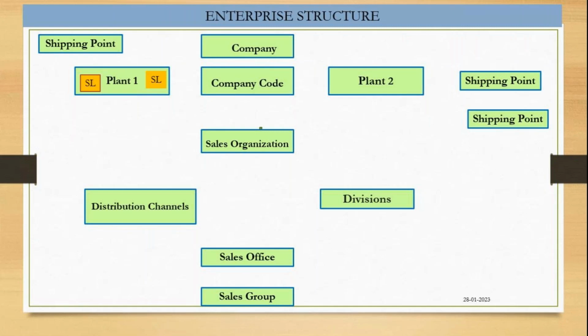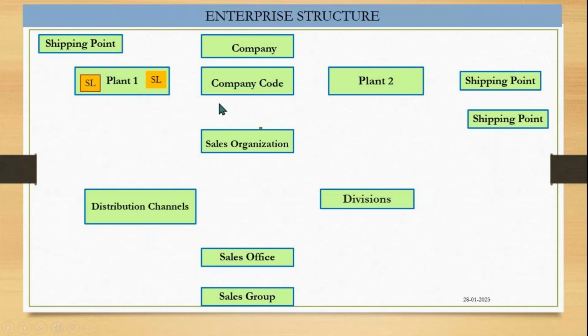But as an SD consultant, we will be doing only 5 organizational elements, that is sales organization, distribution channel, division, sales office and sales group. Only these 5 organizational elements we will define in the system in real time. But here for practice, since other module people are not here, as a part of our training we will define the remaining organizational elements.